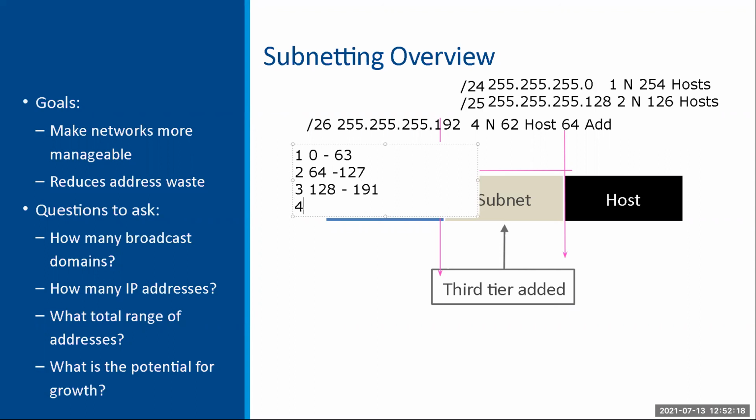And the final network would be 192 through 256. And here I'm using the full address space, not the subtraction that we saw for the other characteristics. So when we look at something like this, we see those types of things.